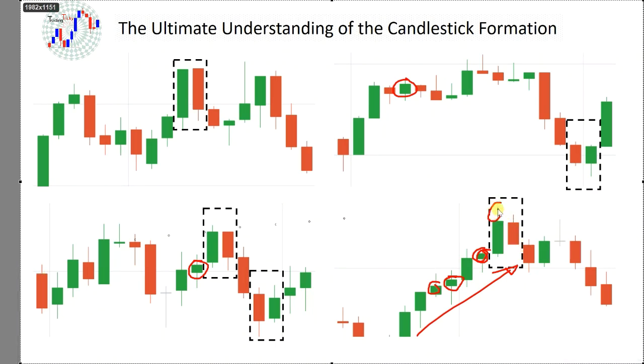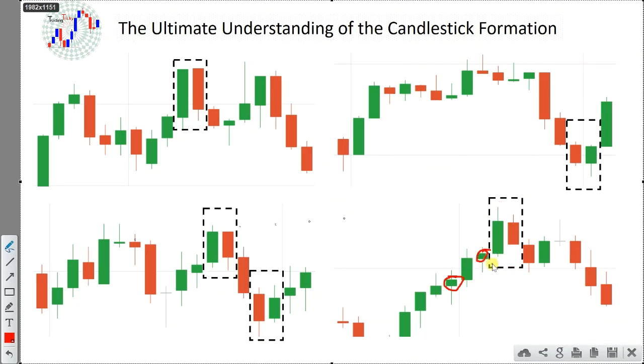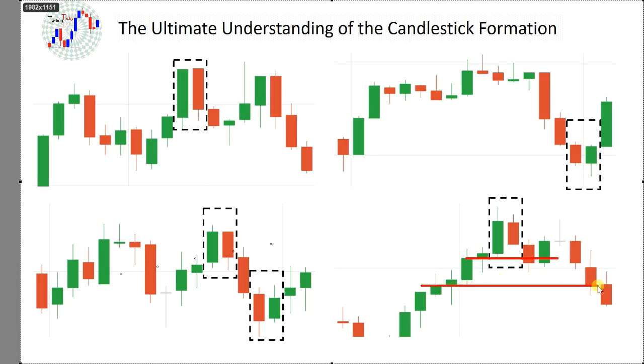This rejection is more, and this candle confirms. Let me make it plain. This small candle confirms there is a hidden level. This price action confirms there is a hidden level. I have told each and everything in my educational course.